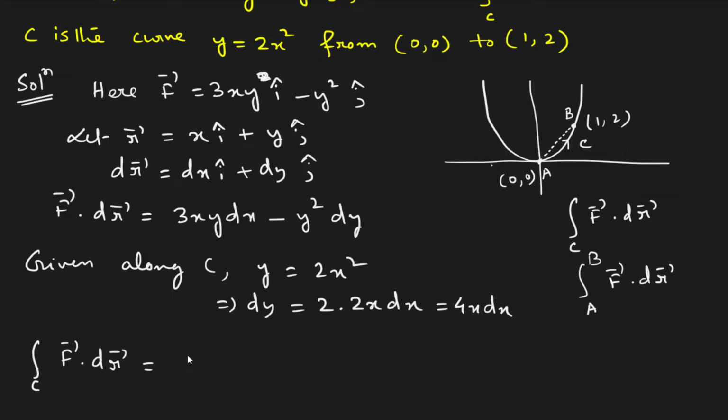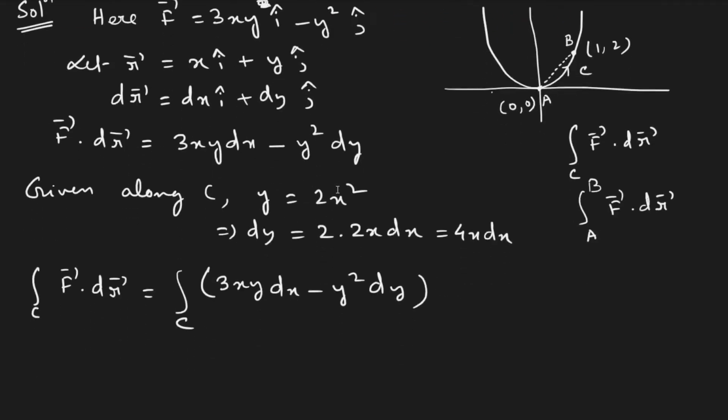This is equal to the integration of F bar dot dr bar, which is 3xy dx minus y square dy. Now everything we will bring in x. You can bring it to y also. Integration over C, 3 into x into now y.